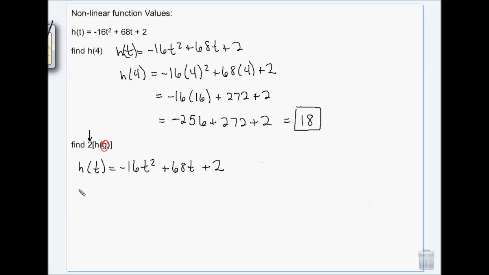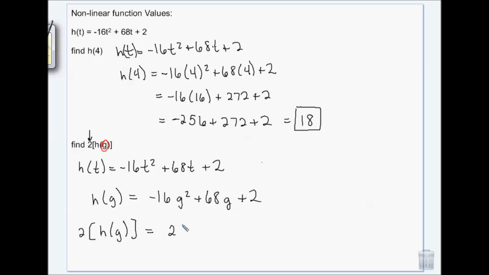Like in life, what profession is this used for? If I just do h of g, what I do is everywhere there's a t, I replace it with a g. I don't know why, just because they said so. But see how I had this 2 on the outside? That means I'm going to take what I just did and multiply it all by 2.